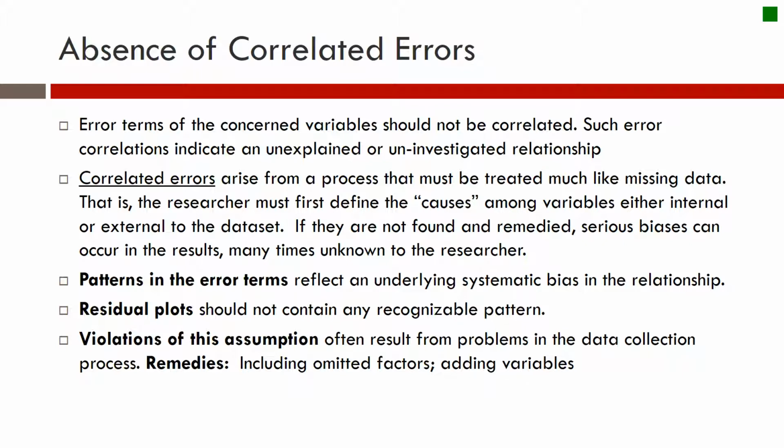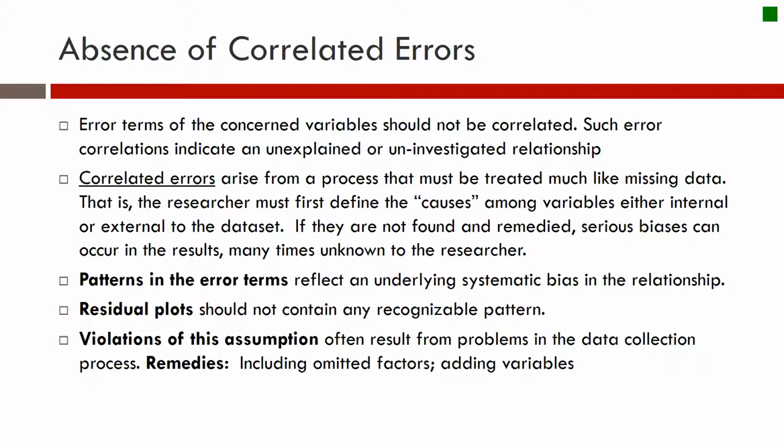So it may be that we have to add variables. Maybe we add a variable that would account for this variance that exists between the two variables that we didn't have earlier. So patterns in error terms may be there.